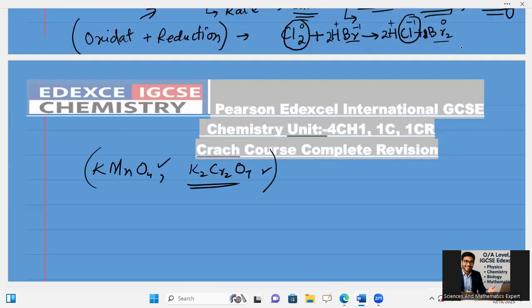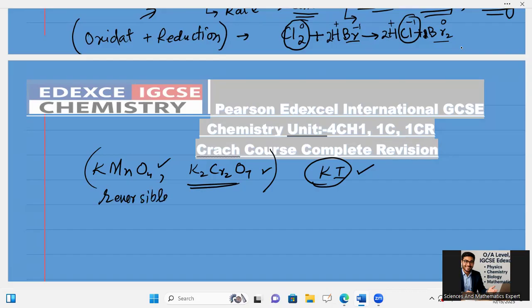And in the case of a reducing agent, I will say potassium iodide is a reducing agent available for redox reactions.